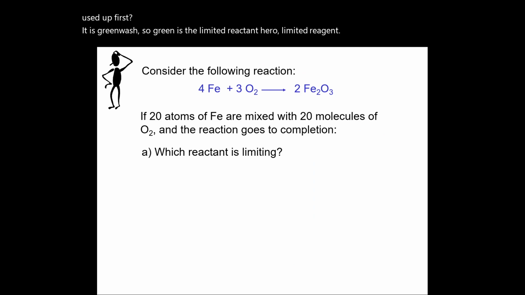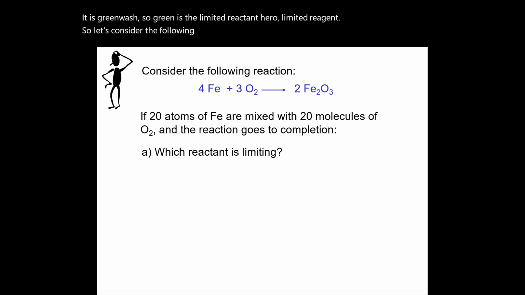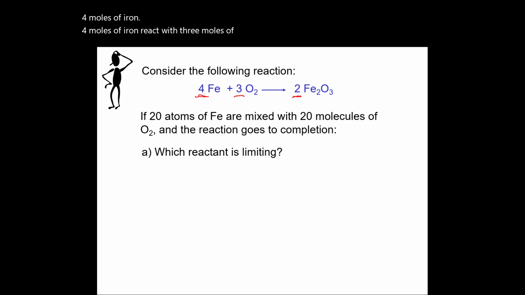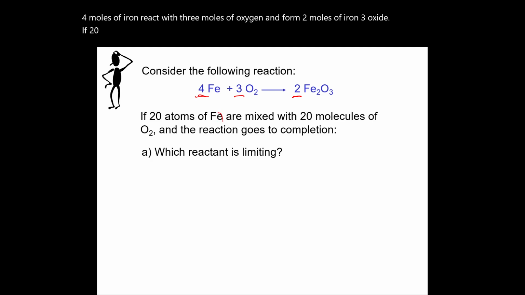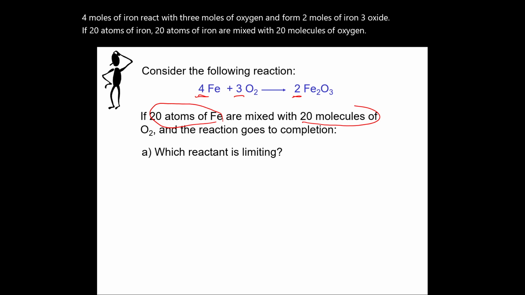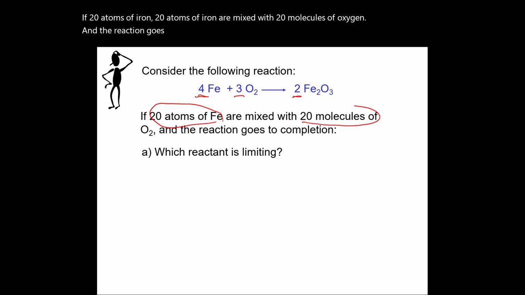So let's consider the following reaction. 4 moles of iron react with 3 moles of oxygen and form 2 moles of iron trioxide. If 20 atoms of iron are mixed with 20 molecules of oxygen, and the reaction goes to completion, which reactant is the limiting?